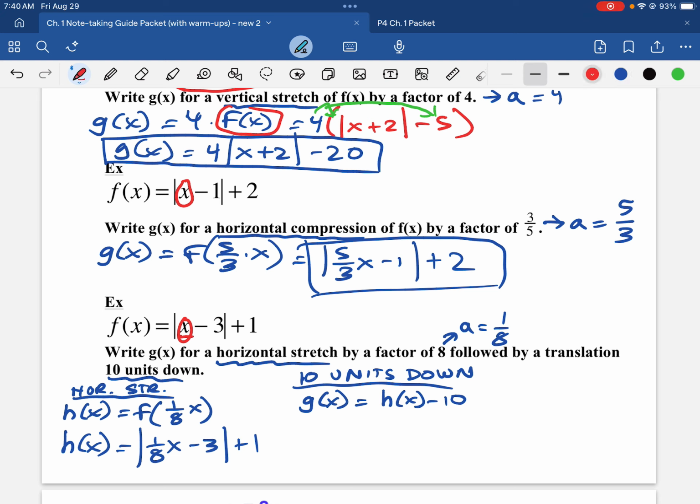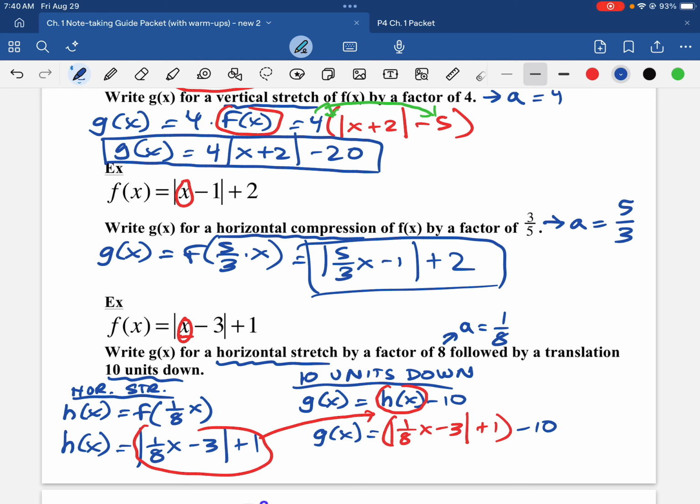Okay, so here I'm going to want to substitute in h of x, which is all of this, into here. Okay, so that means g of x is going to equal absolute value of 1/8 x minus 3 plus 1. Still got the minus 10 out here.